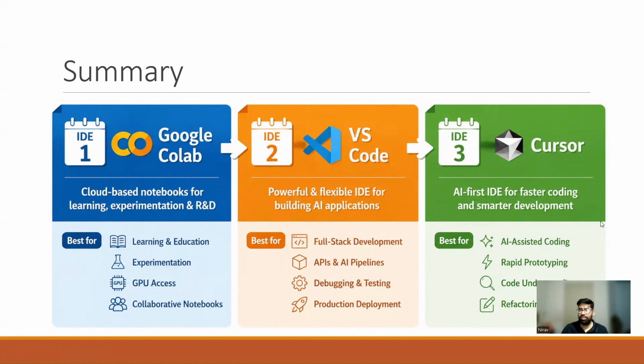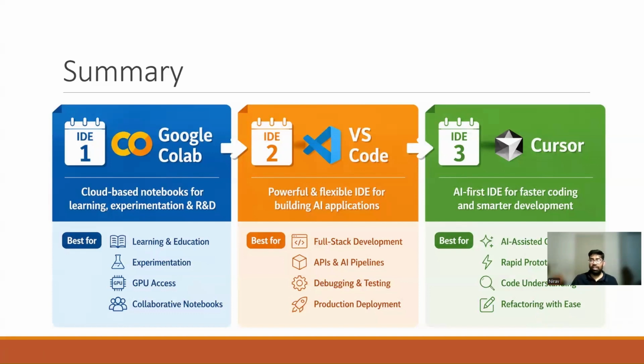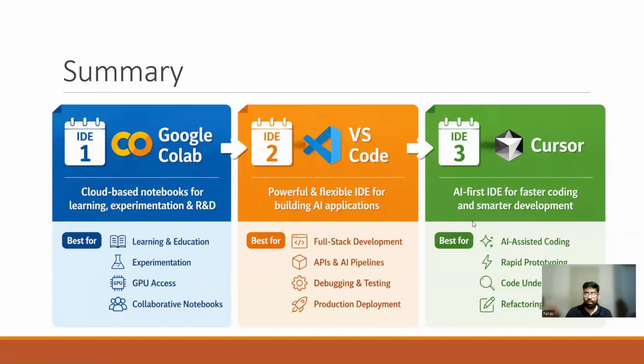And Cursor is especially for when you want to do prototyping or take help from AI or generative AI tools. Or if you have some existing applications and want to do some refactoring, then it will be helpful. Good. I think this is what we have discussed.